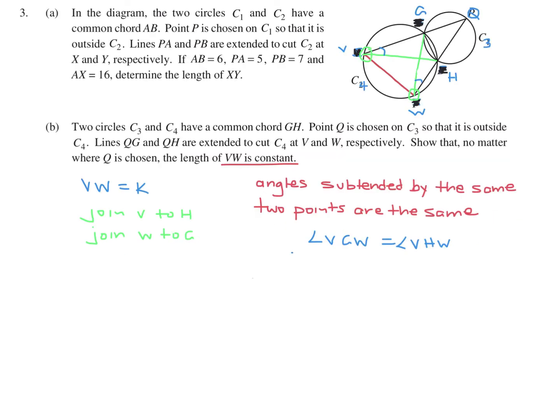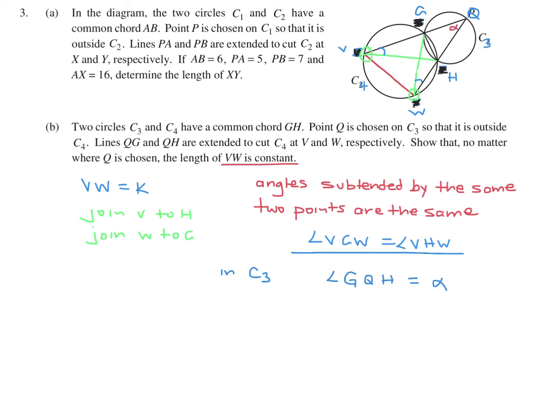Now, in the circle C3, we have an angle GQH. So this is G, this is Q, this is H. So it's this angle in here. And that angle I will call alpha. So let's label that in there.